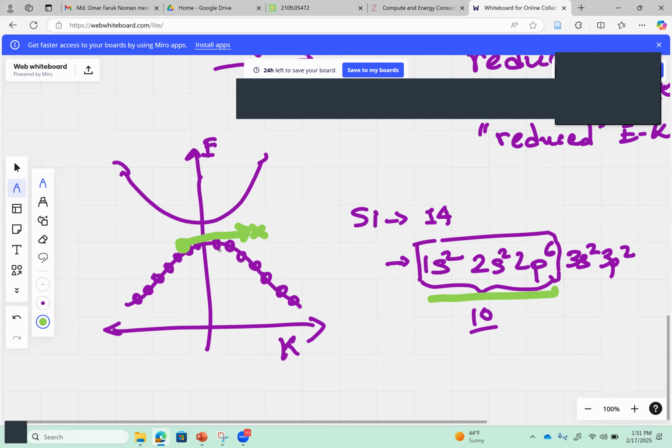Now, how about these other states? 3s2, 3p2. So as I said, the p orbital can accommodate a total of 6 electrons. Okay, so it can go up to 3p6, but it is only up to 3p2.